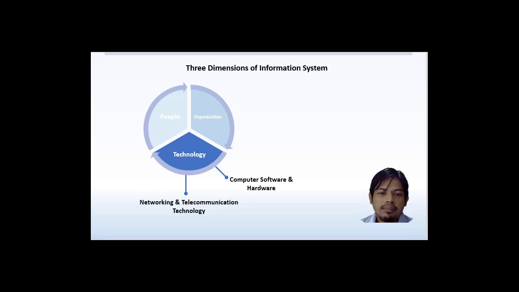Another thing under this dimension is networking and telecommunication technology. Computer and communication equipment can be connected in a network for sharing voice, data, and also images. A network is two or more computers that share data, such as a printer.